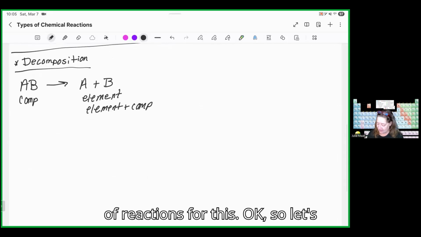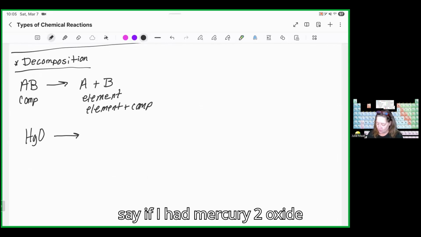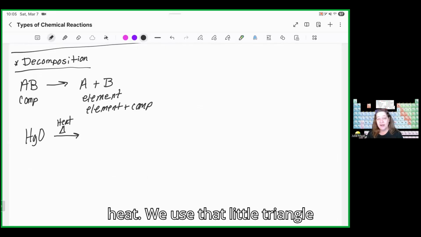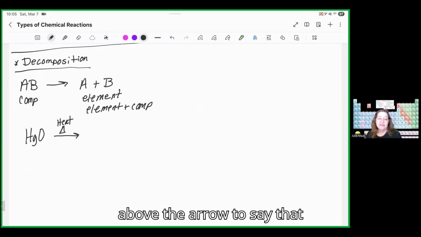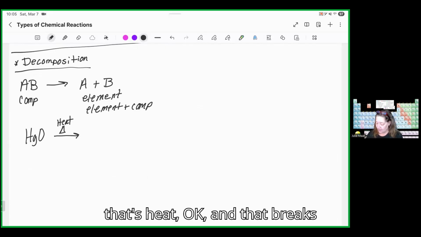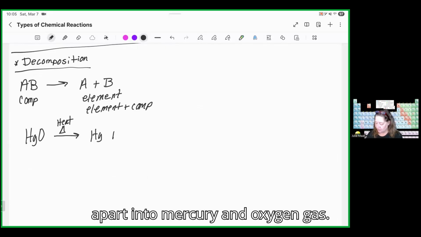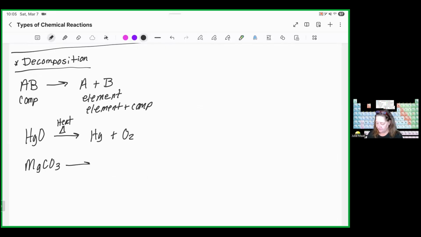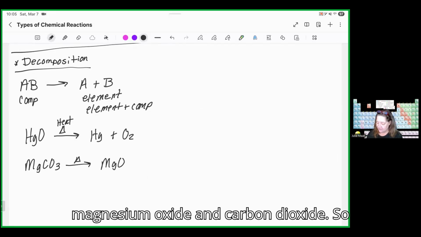Let's do a couple of reactions for this. Say I had mercury oxide, and most decomposition reactions require heat. We use that little triangle above the arrow to say that that's heat. That breaks apart into mercury and oxygen gas. I could have magnesium carbonate, heat it, and make magnesium oxide and carbon dioxide.